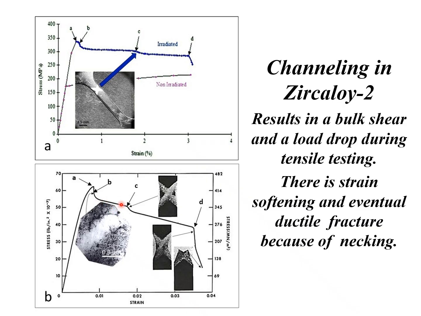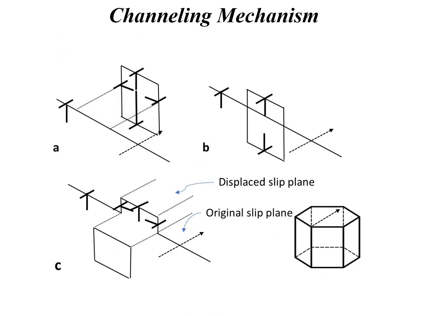There will also be some work hardening involved here, but because we're talking about engineering stresses, it's difficult to decide how much work hardening there is. There'll be some in the matrix, but also some in the channels themselves. Irrespective, all you need to know is that a characteristic of the channeling is this load drop. A characteristic of twinning is also a load drop. So again, that doesn't distinguish one from the other, but it's a common feature for both.